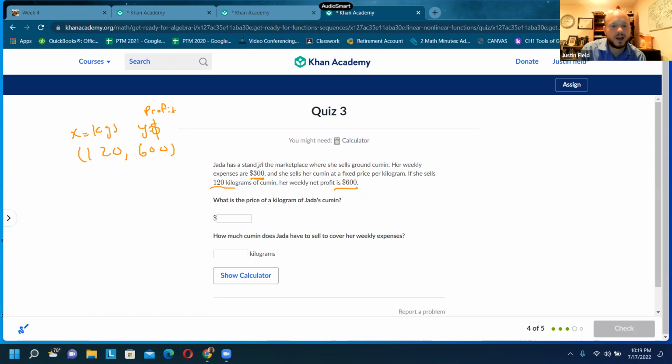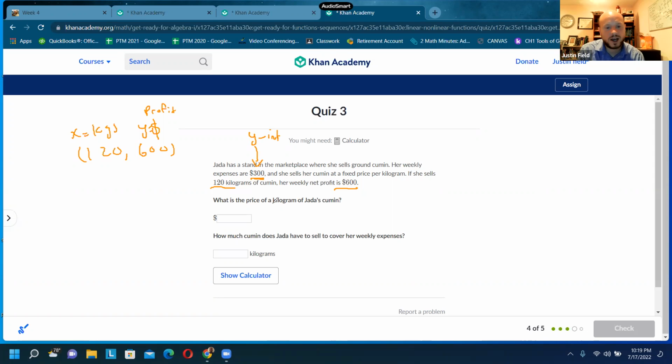That is going to be our y-intercept, because before she sold anything, she has to spend that amount in order to start the week. Okay, then she can sell her 120 kilograms of cumin and make some profit.